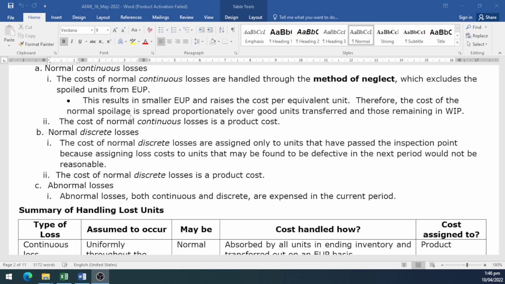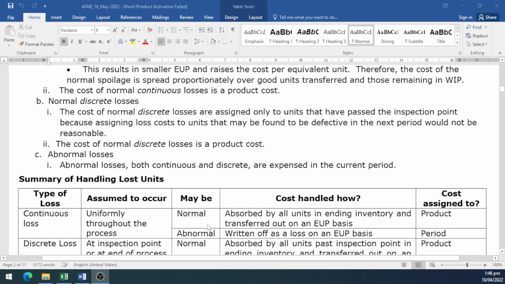So kung normal continuous loss, method of neglect, hindi mo na kukomputan ng equivalent units of production. At kung walang EUP, yung cost niyan, automatic na absorb ng mga remaining units. Yan po kapag normal continuous loss.